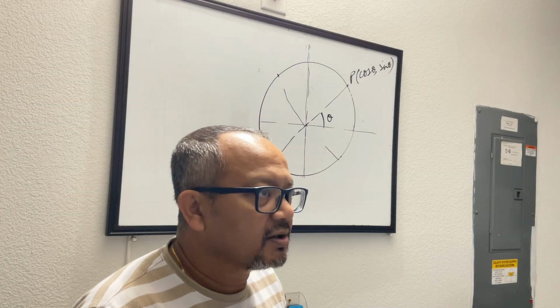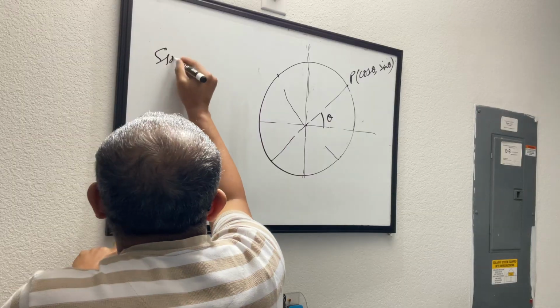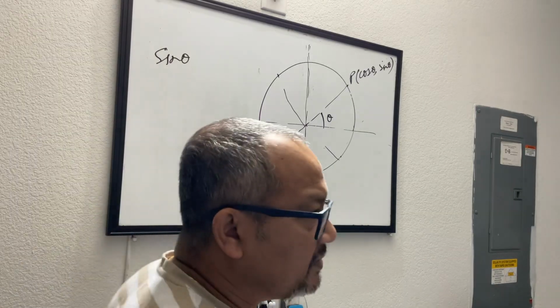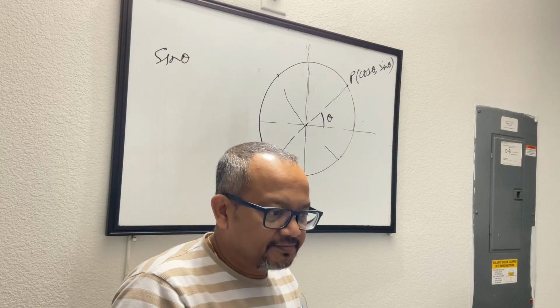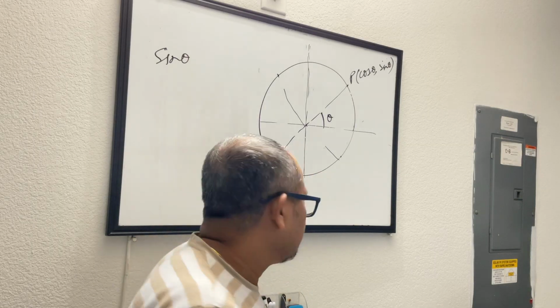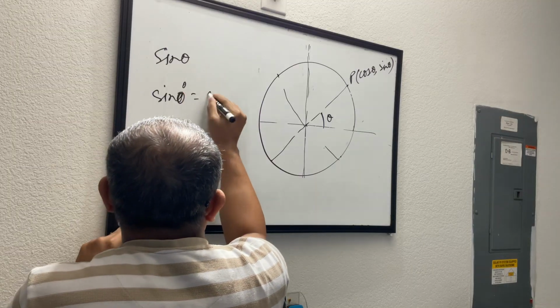If you talk about sine of theta, what is the minimum and maximum value that you can think of? Sine of 0 degrees is 0.